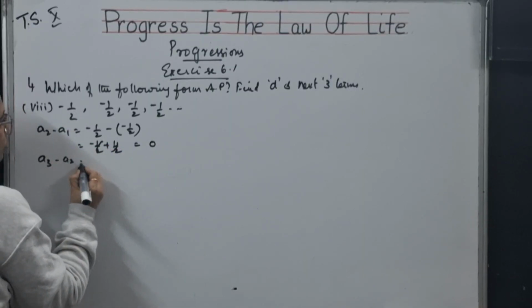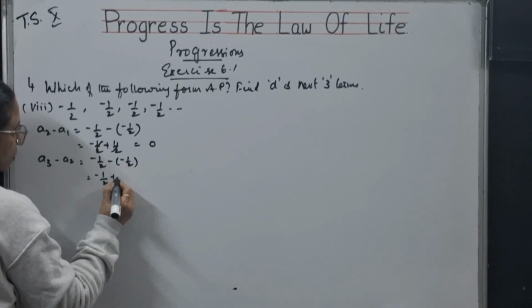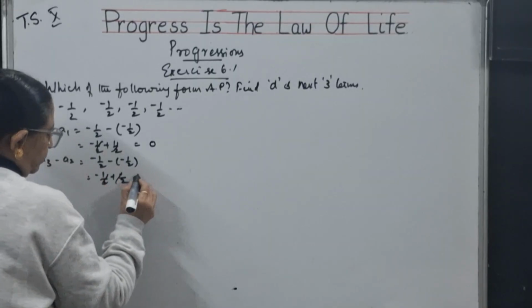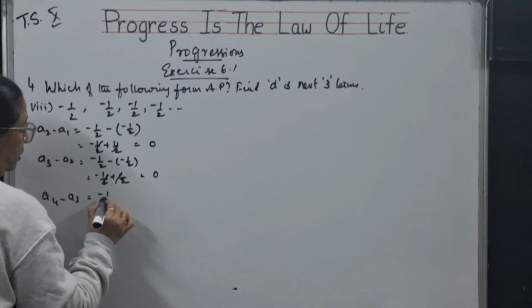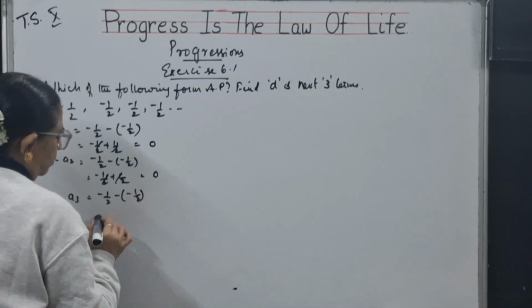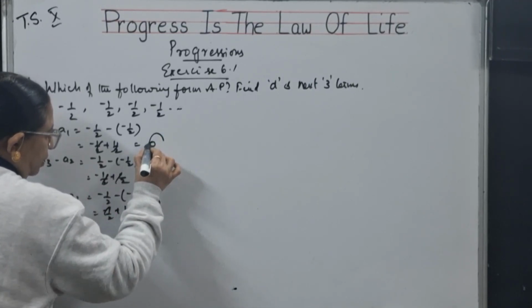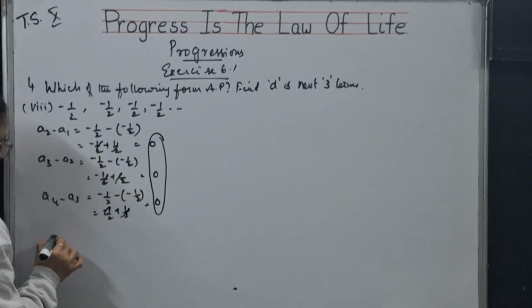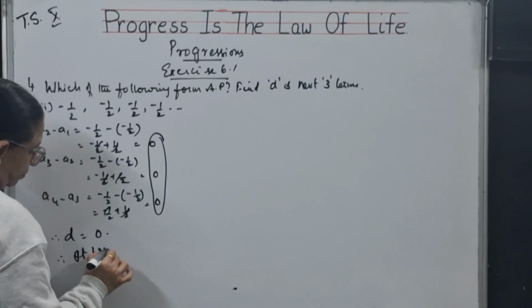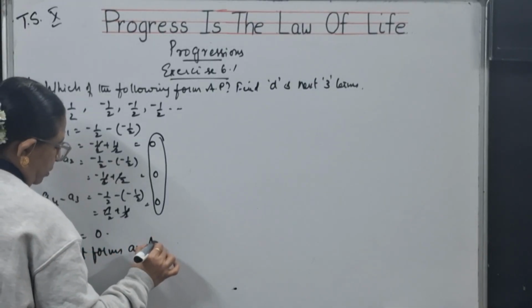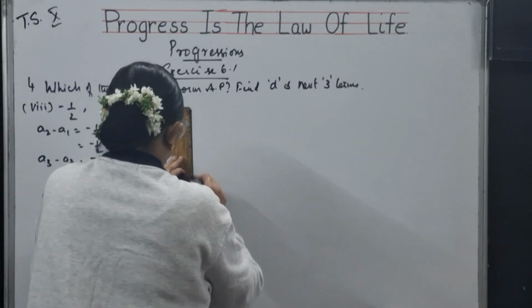A3 minus A2, this is also minus 1 by 2 minus of minus 1 by 2, minus 1 by 2 plus 1 by 2. You are getting 0. A4 minus A3, same. It cancels to 0. So in all the cases you are getting 0. So common difference is 0. Therefore, it forms an AP. So if it is forming an AP, now you need to find out the next three terms.